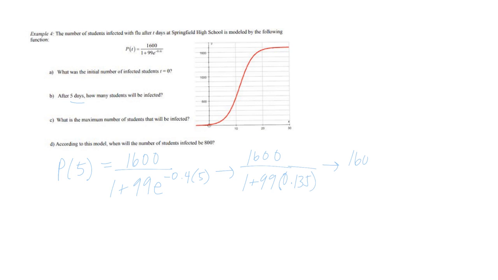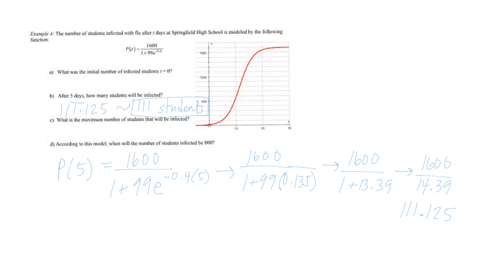That's the same as 1600 over 1 plus 13.39, which means I have 1600 over 14.39, and then I divide, and I get 111.125. So I'm going to write that out here, which is really 111 students. Notice I wrote approximately.